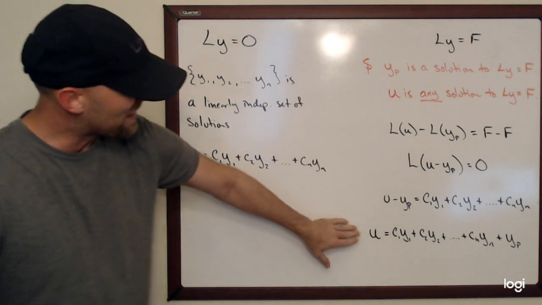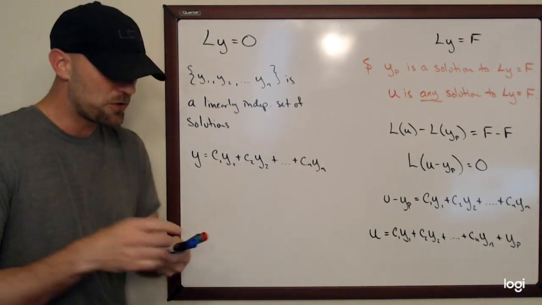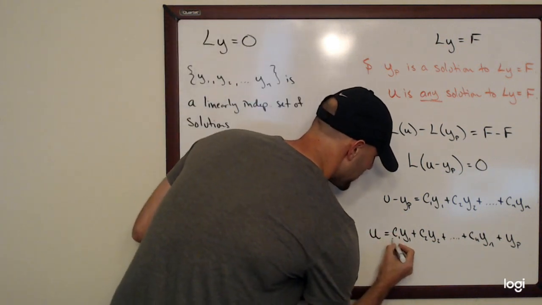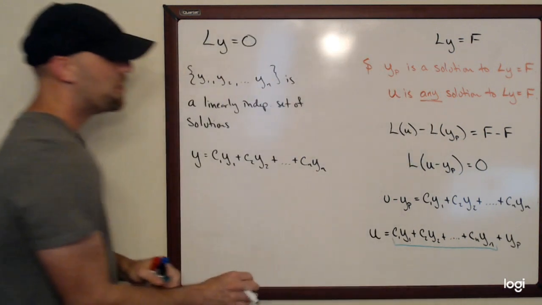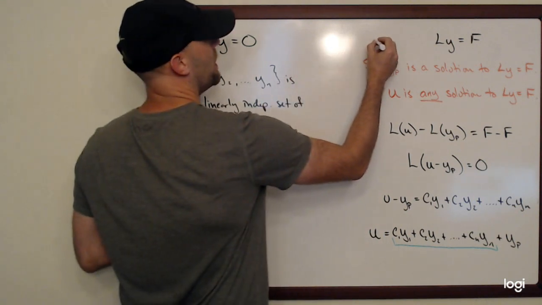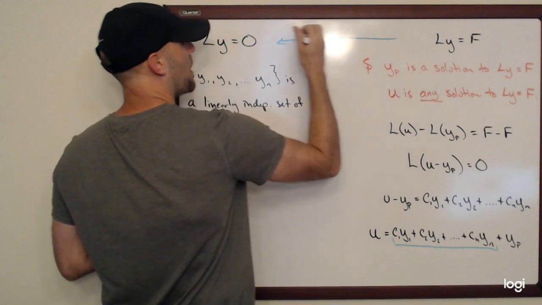I was able to take that general solution and write that as a sum of two different things. I was able to write it as a sum of this, okay? This is the solution to what's called the associated homogeneous differential equation. So that's my non-homogeneous version.